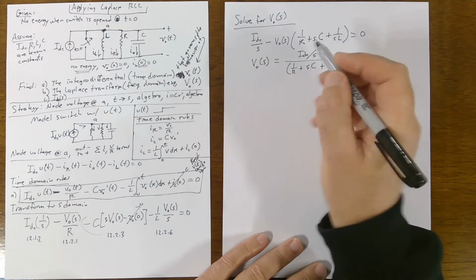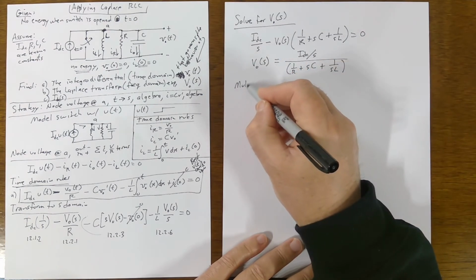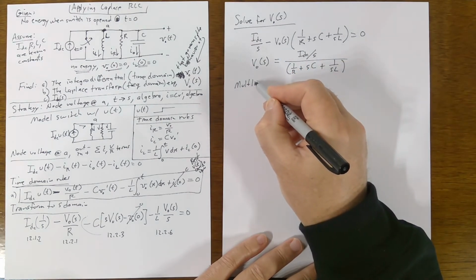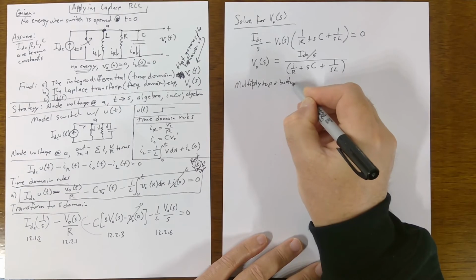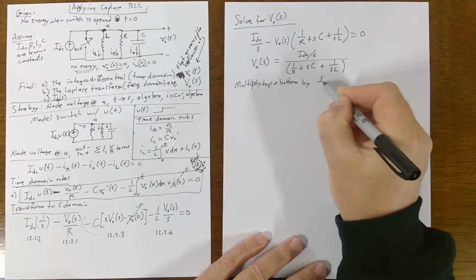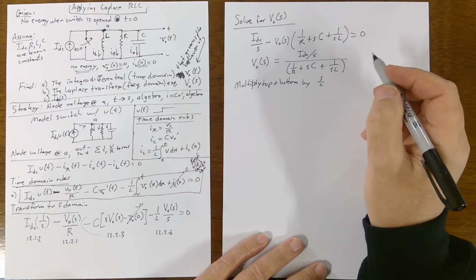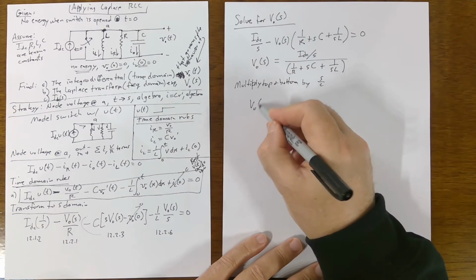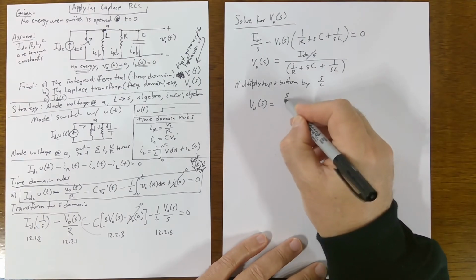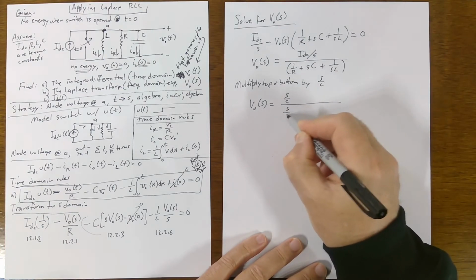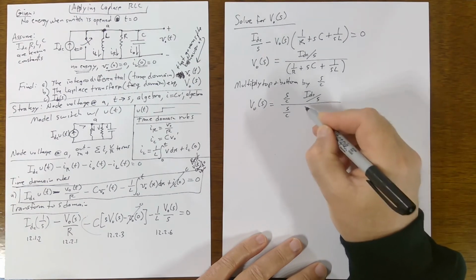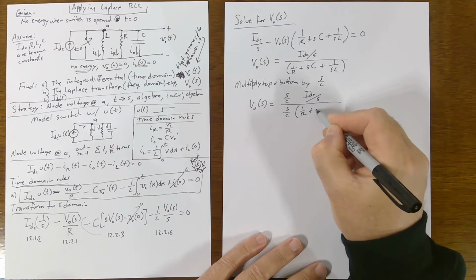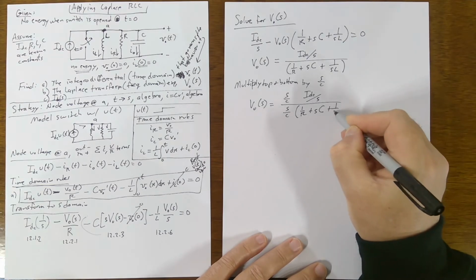And to get that, and there's a reason they're doing this, if you multiply the top and the bottom by S over C, you get V0S equals S over C over S over C, IDC over S, 1 over R plus SC plus 1 over SL.